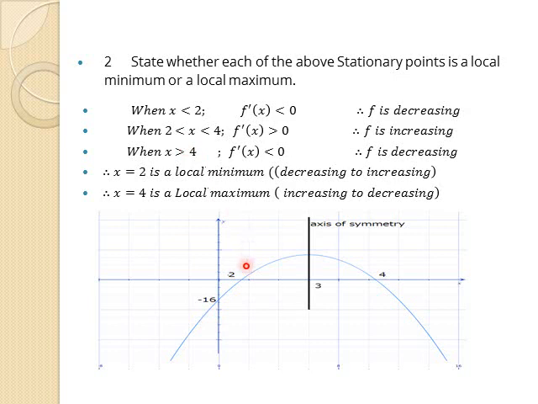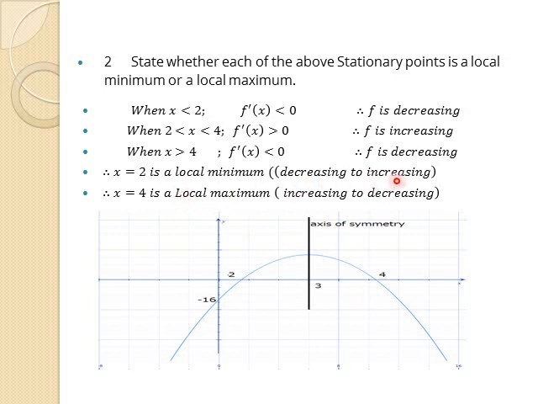If we look between 2 and 4, the graph is above the x-axis, so my y values are positive. So f prime x is greater than 0, f is increasing. And when x is greater than 4, meaning I go to the right, the graph is below the x-axis, it becomes negative, so my first derivative is less than 0, f is decreasing.